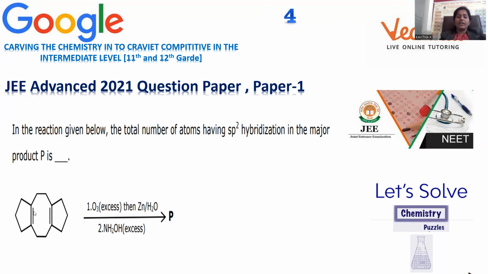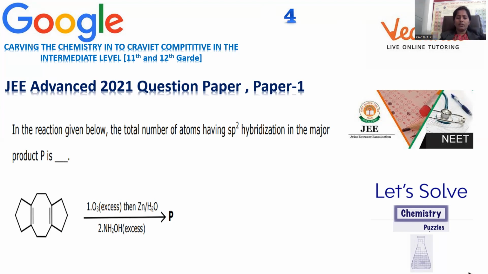This is an 8-membered ring, this is a 5-membered ring, this is another 5-membered ring, and in the 8-membered ring you can see two double bonds are located. The reagent we are adding is ozone under excess conditions. Excess ozone will be added, then zinc and water will be added.